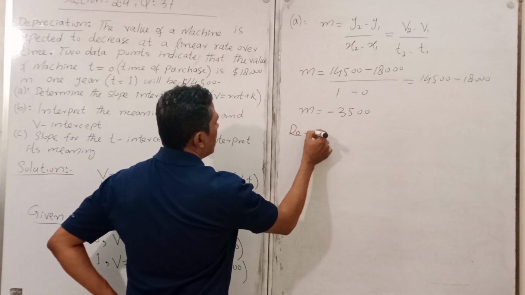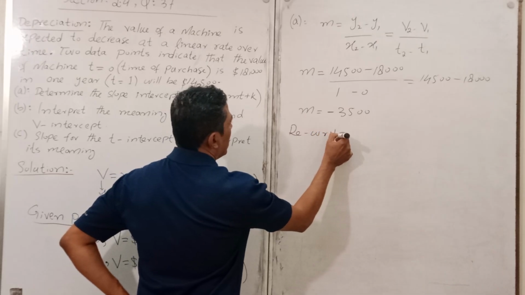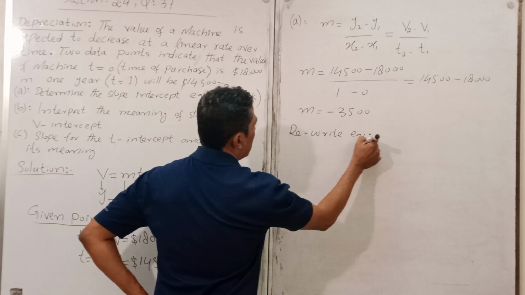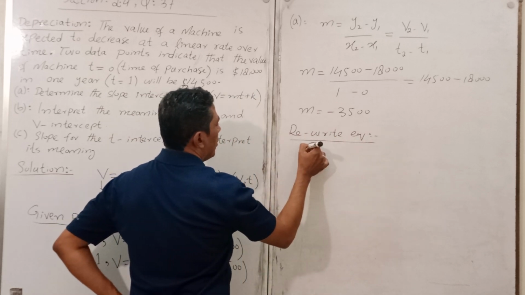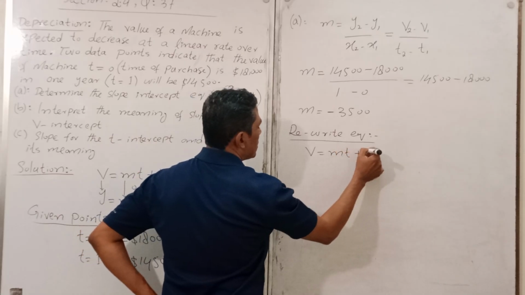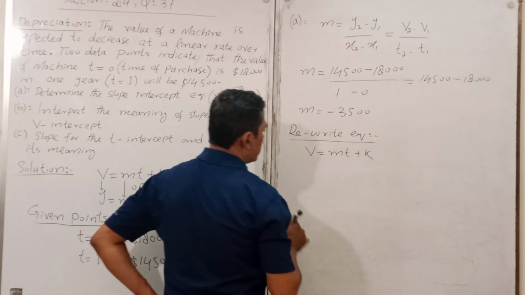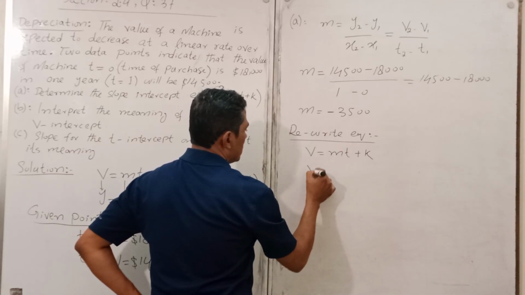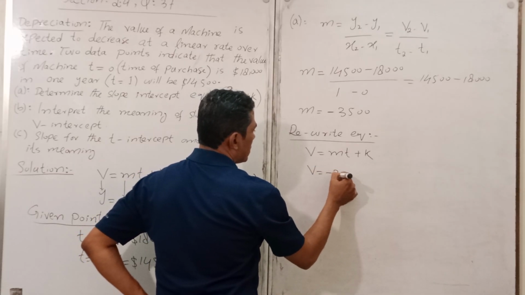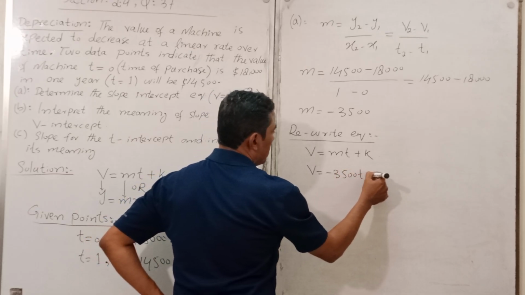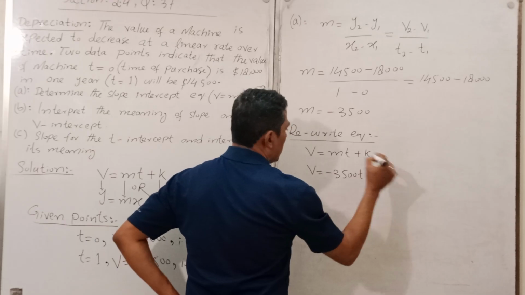Rewrite the equation: V equal to mt plus k. Okay, V equal to minus 3,500 t plus k.